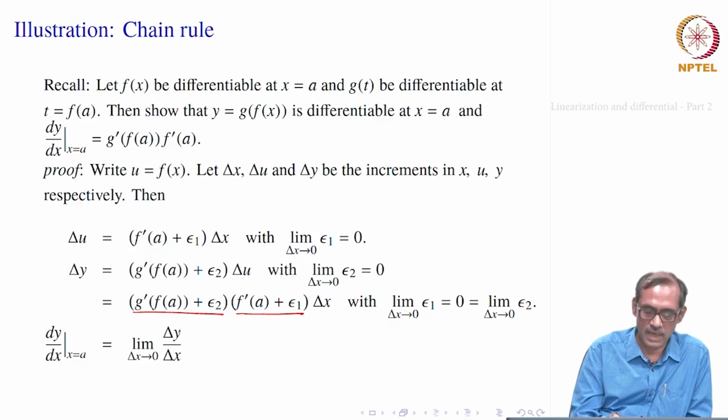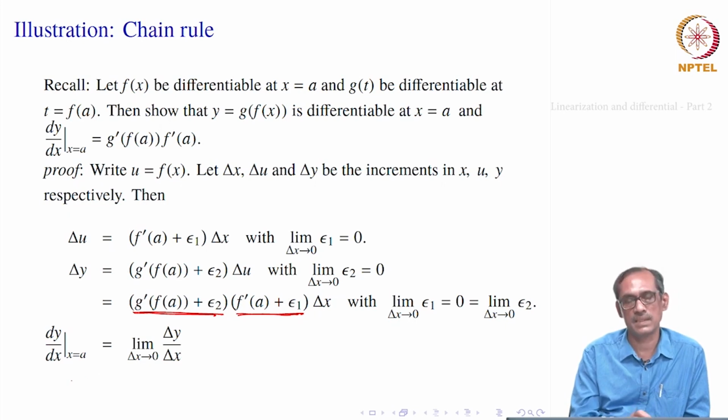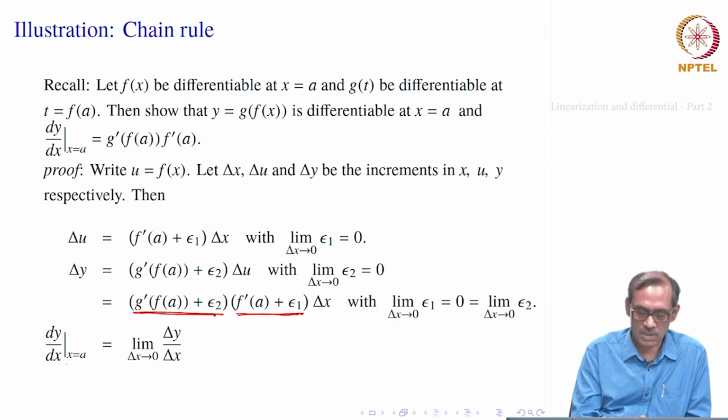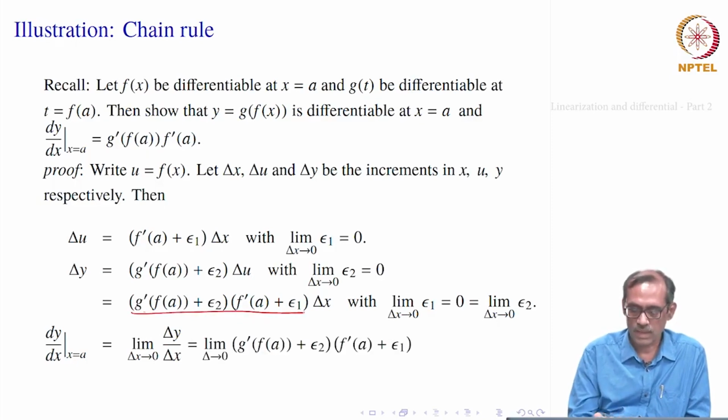So, we take delta y divided by delta x, which is equal to the product of these two underlined factors, and when you take the limit, that is by definition dy by dx at x equal to a. So, this equals the limit as delta x goes to 0, and that gives you the product.